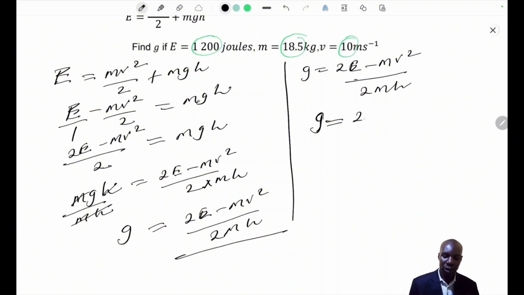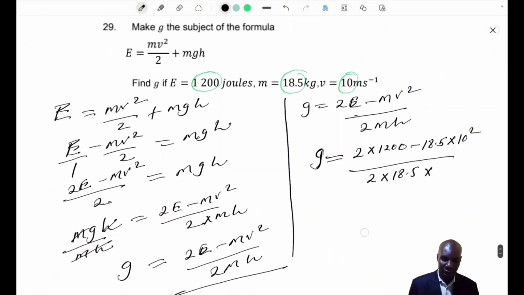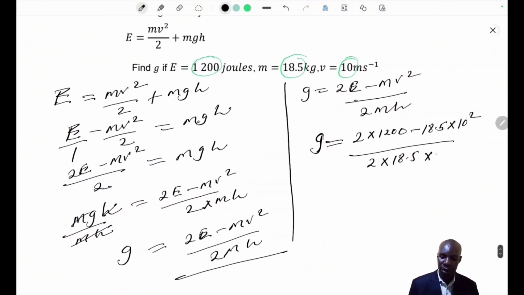So it will be 2 times E, which is 1,200, minus M, which is 18.5, times V squared, which is 10 squared, over 2 times 18.5 times h. Are we given h? h we are not given, so it will be h like that.